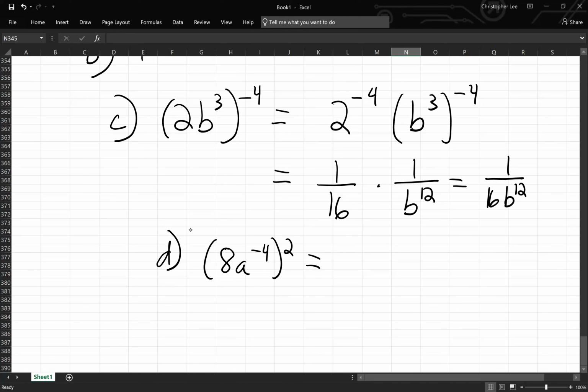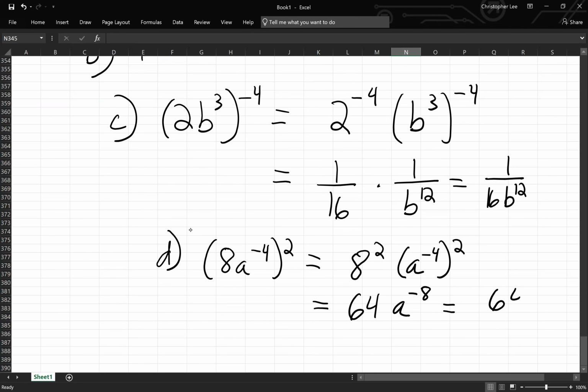What about here? What happens here in D? That becomes what? A to the second times a to the negative 4 raised to the second. So what is this? A to the negative 8, right? It's illegal for me to have negative exponents, so it's a to the 8, right? Yeah, 64 over 1 over a, you're right.